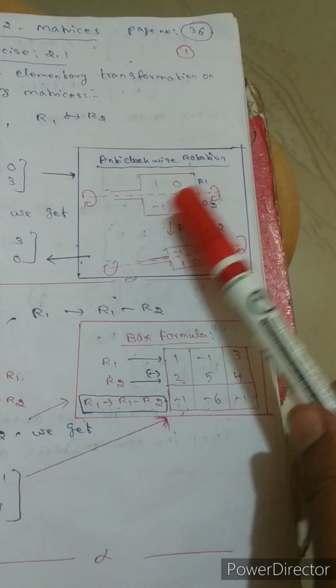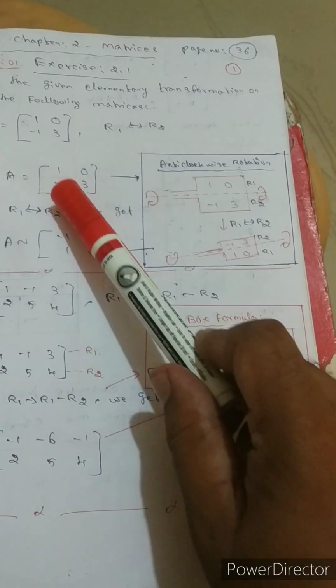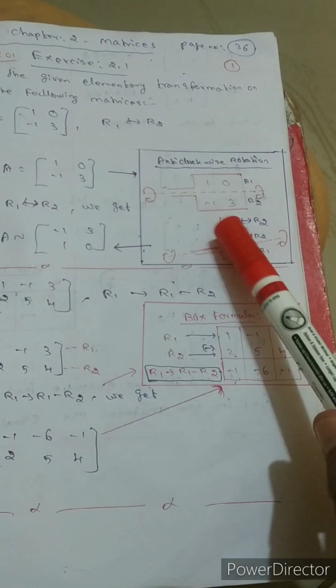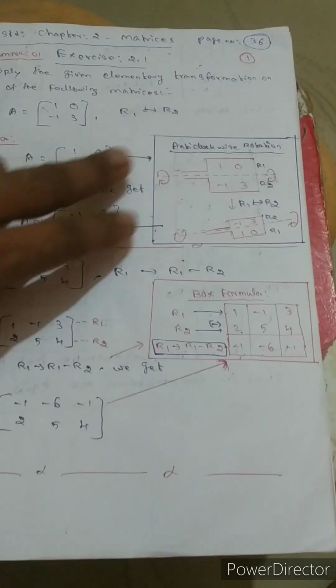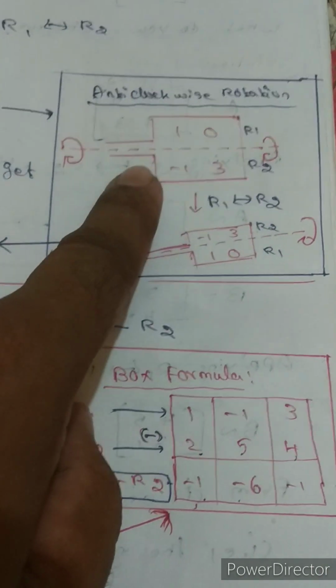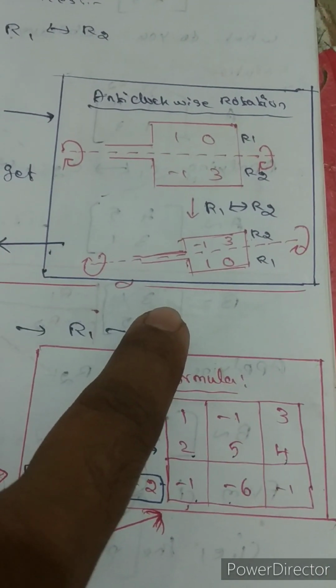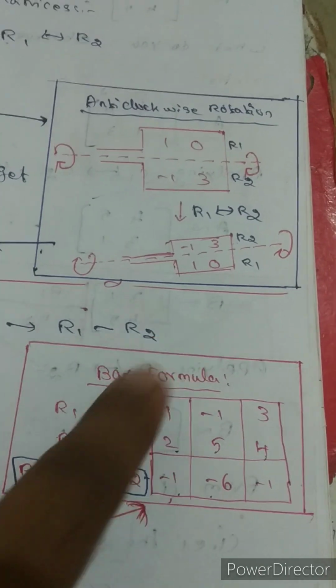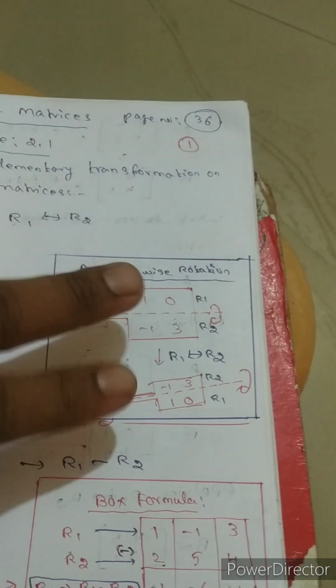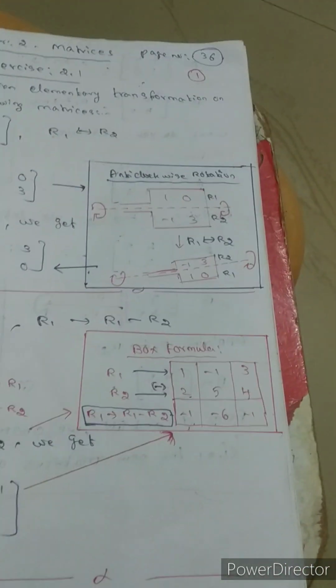Here the anti-clockwise rotation also is there: 1, 0, minus 1, 3. We have to rotate that anti-clockwise. We are finding minus 1, 3 comes to top and 1, 0 comes to bottom. So this is that anti-clockwise rotation.